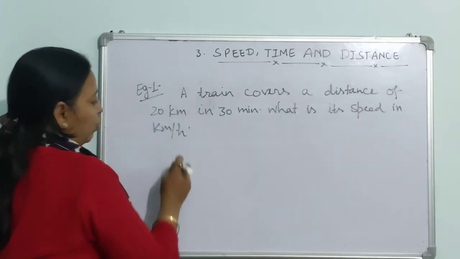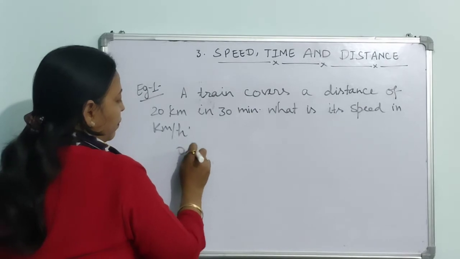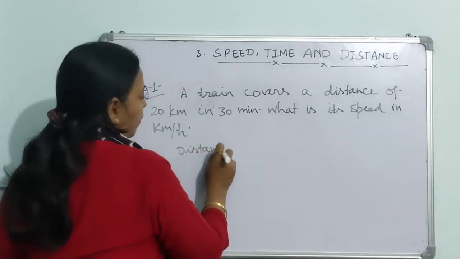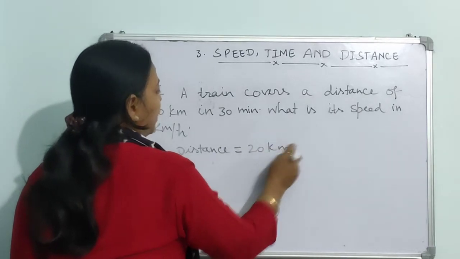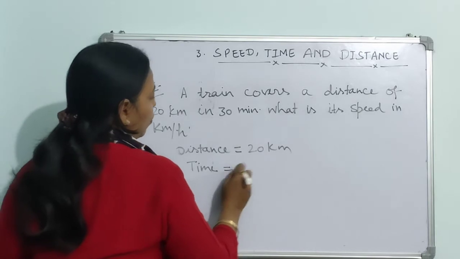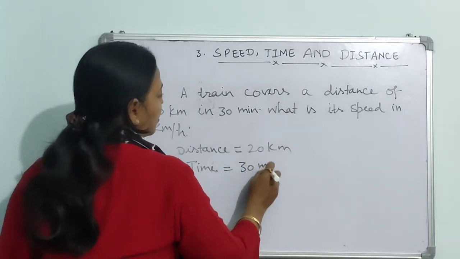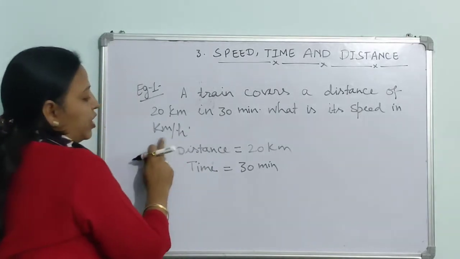So first you note down. Distance is equal to 20 kilometer, and time is equal to 30 minutes. And here you can see the speed you have to calculate in kilometer per hour.